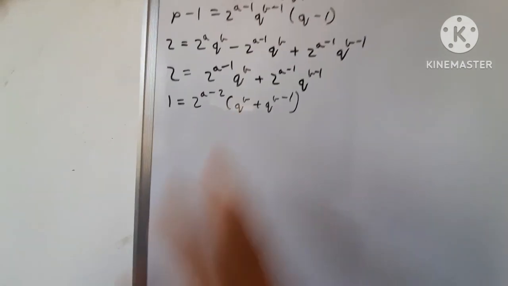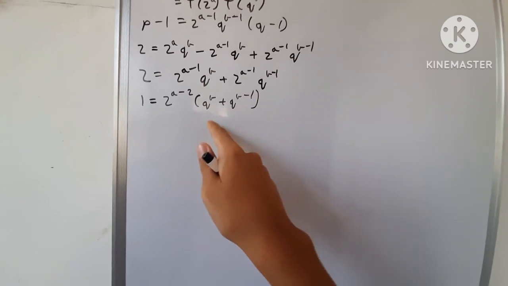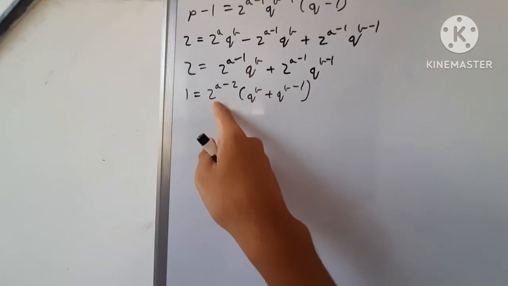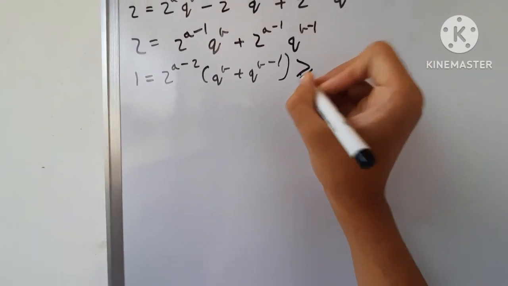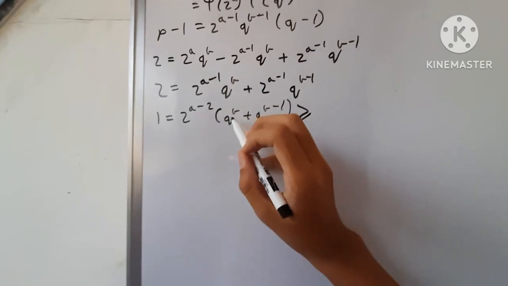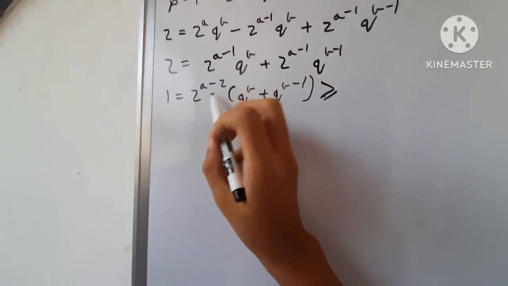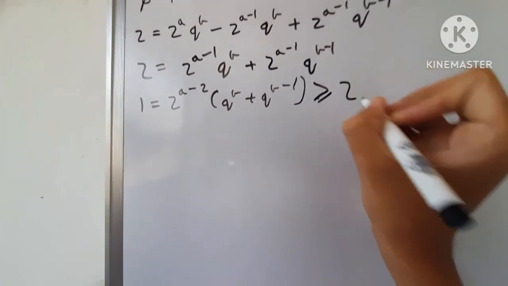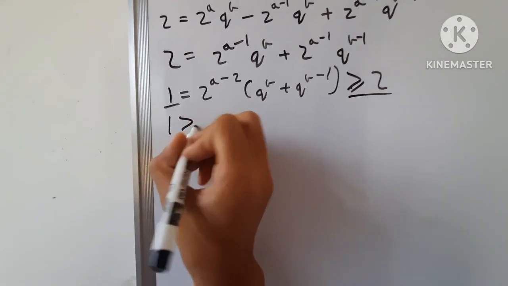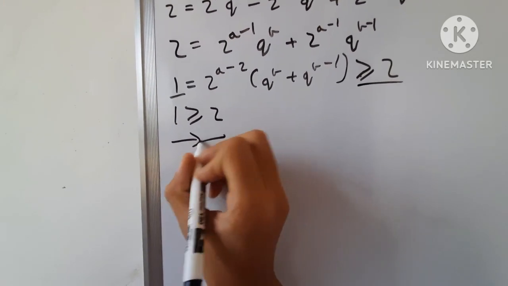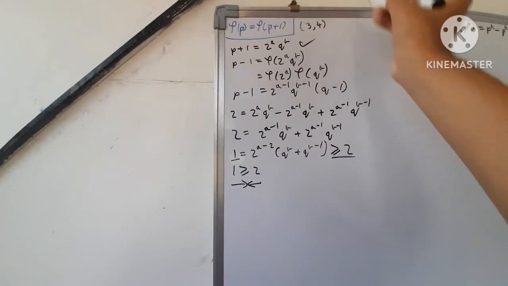The smallest value this could have is 3 to the 1 plus 3 to the 0, so that's 4. So this is greater than or equal to 4 times 2 to the 1 minus 2, which is 2 to the minus 1, that is 2. And as we see, 1 is greater than or equal to 2, which is a very clear contradiction. Therefore there aren't any solutions of this form.